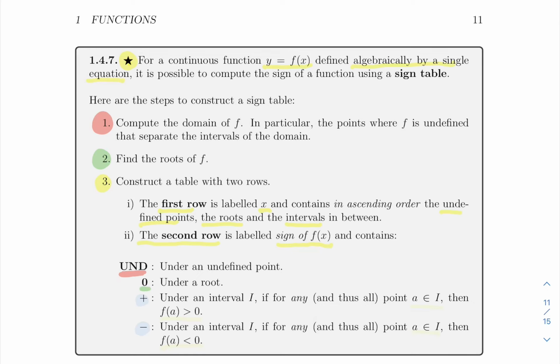For any interval in between these important points, the function is going to be either strictly positive or strictly negative. And this is the beauty of sign tables: you just need to pick one point. You pick one point in the interval and you evaluate your function. If you get something strictly positive, then boom, your function on the whole interval is strictly positive.